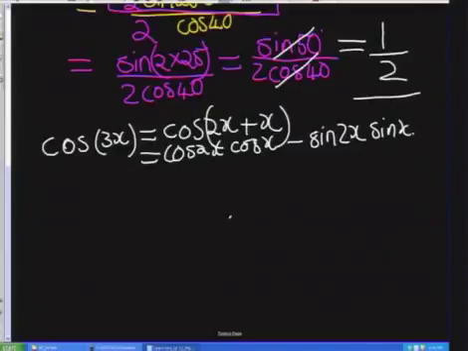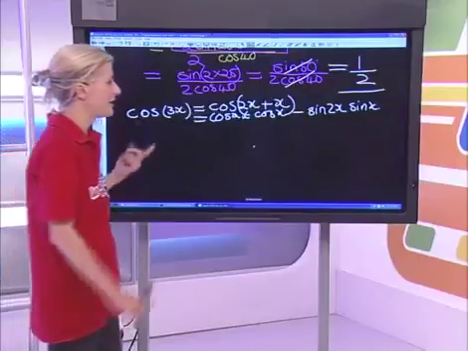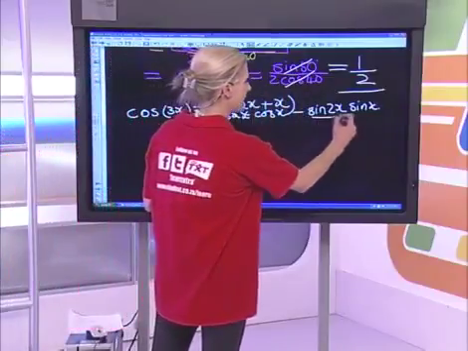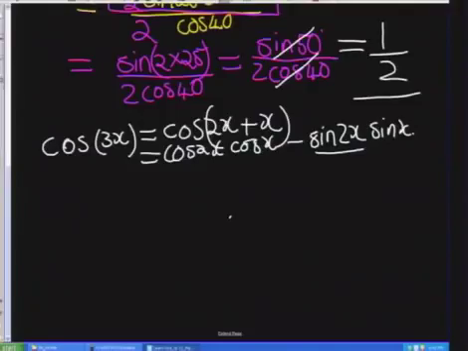So now you're going to simplify further using your double angle identities. Now, the sine 2x is easy. That changes to 2 sine x cos x. Now, that's 2 sine x cos x, which is already multiplied by a sine x, so that's going to be minus 2 sine squared x cos x.